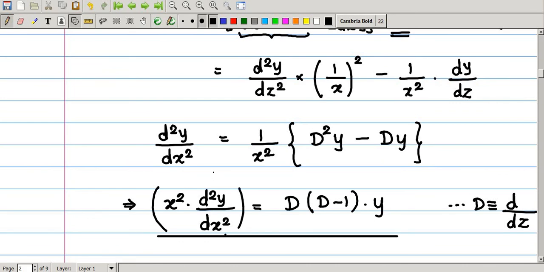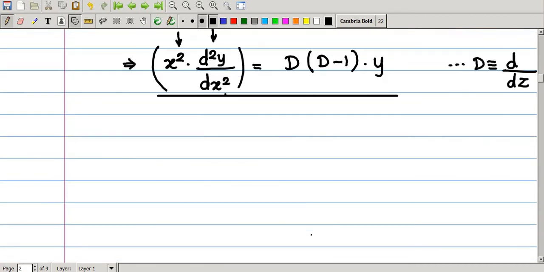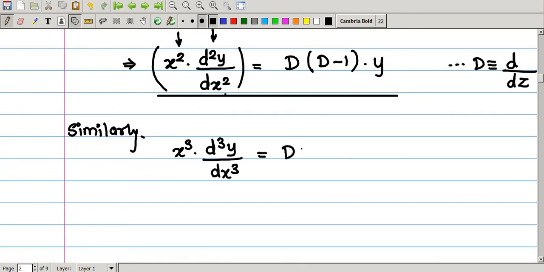If derivative is of order 2 along with coefficient x square, we replace that term by D into D minus 1. Now we can generalize this. So similarly, we can rewrite it as x cube into d cube y by dx cube will be replaced by D into D minus 1 into D minus 2.